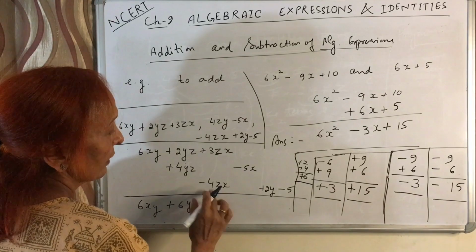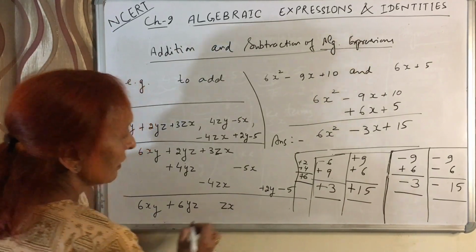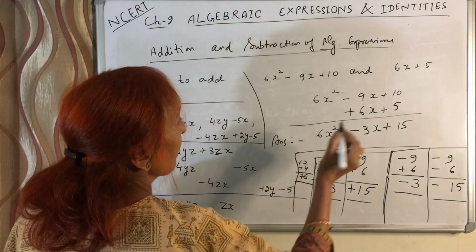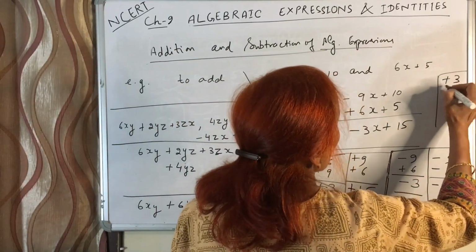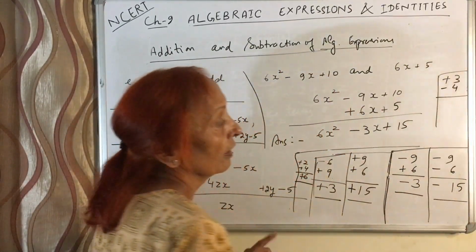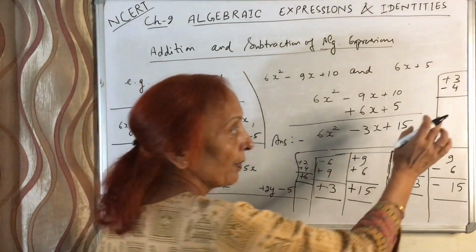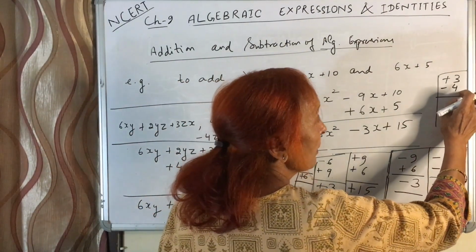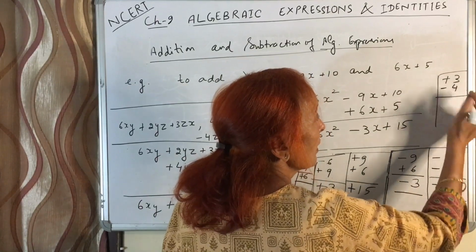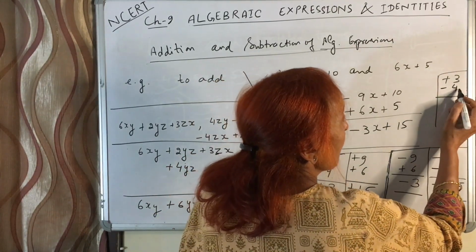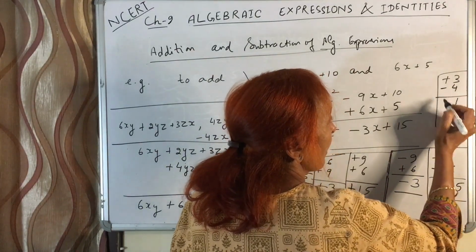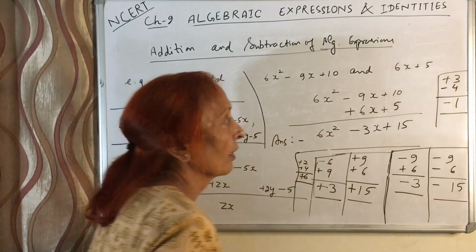3zx minus 4zx, zx you will write as it is, and plus 3 minus 4. Different sign, we will subtract from the bigger number the smaller number. 4 minus 3 is 1, and put the sign of the bigger number. Bigger number is 4, sign of 4 is minus, so answer is minus 1.